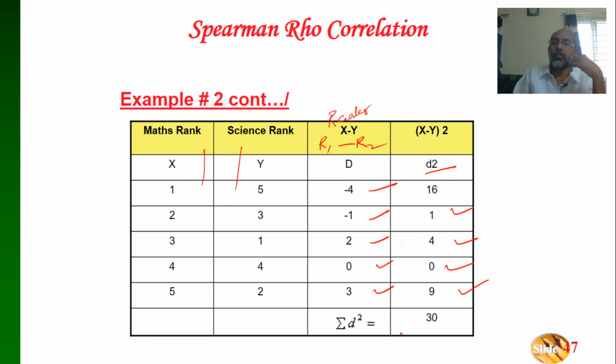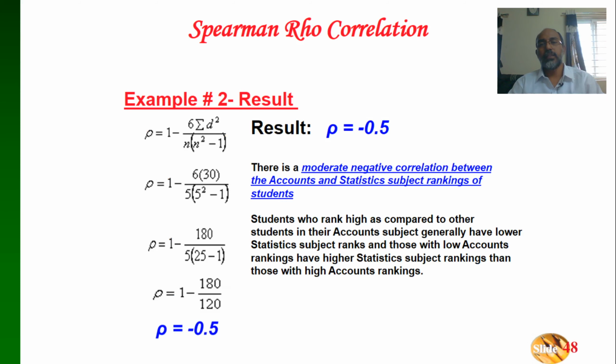Hence the sigma d square answer is 30. The summation of these d squares is 30. Then we'll substitute the values in the formula: 6 into 30, then 5 into 5 square minus 1, as there are 5 pairs.